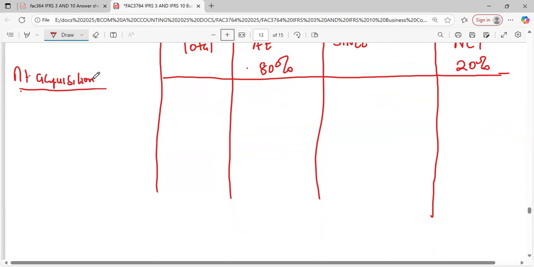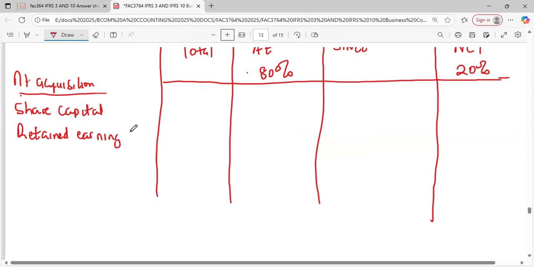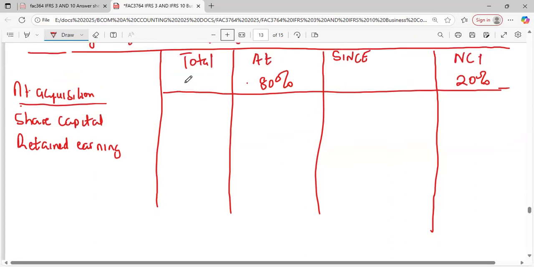at acquisition here. What was the equity of the subsidiary? We have the share capital and the retained earning. So these are the equity of the subsidiary.